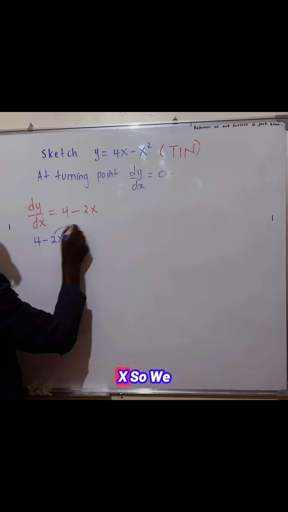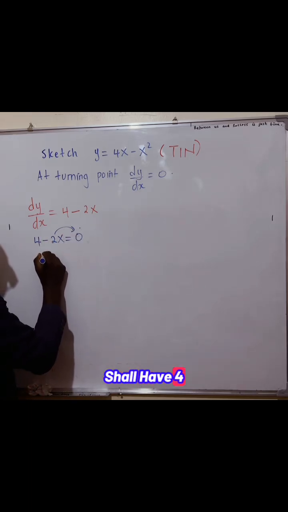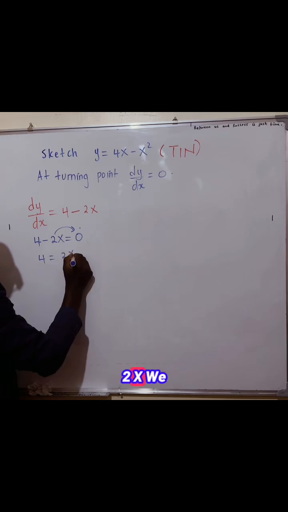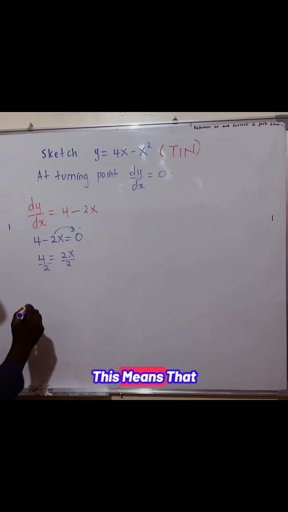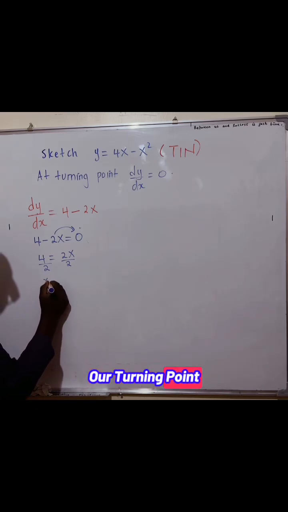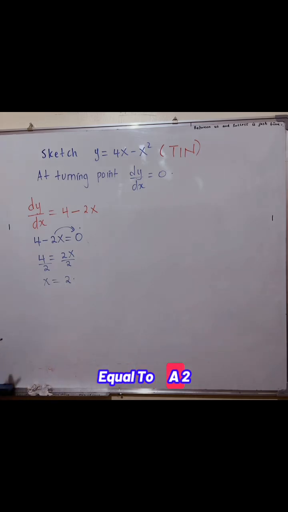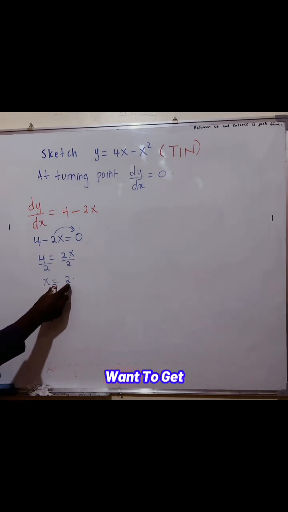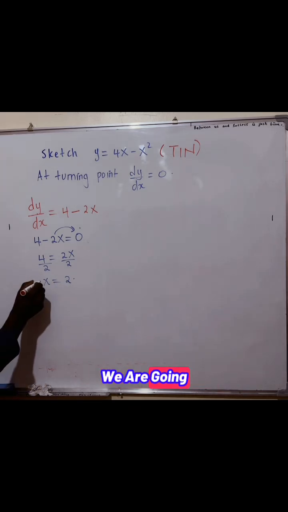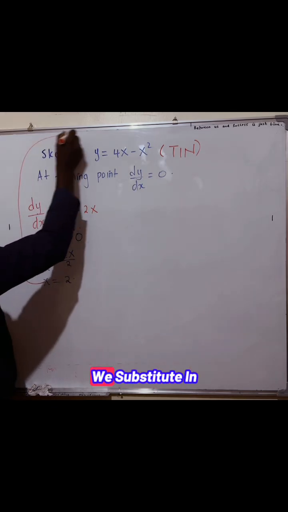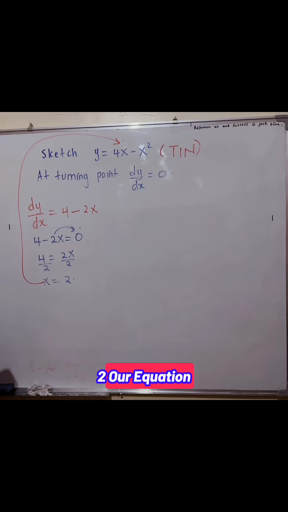We solve for x. So we shall have 4 is equal to 2x. We divide by 2, we divide by 2. This means that our turning point will occur at x is equal to 2. Now, if we want to get the value of y at the turning point, we have x is equal to 2. We substitute into our equation.